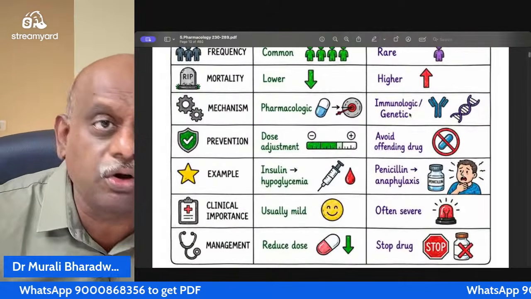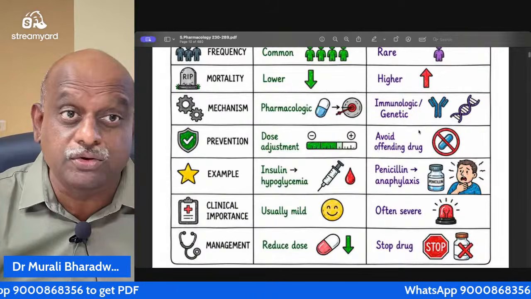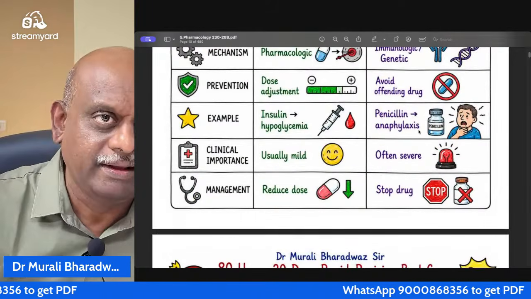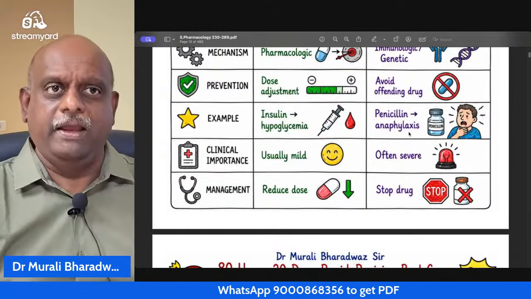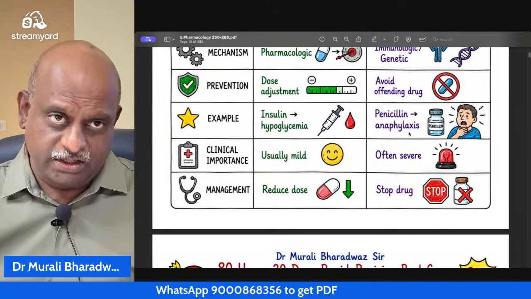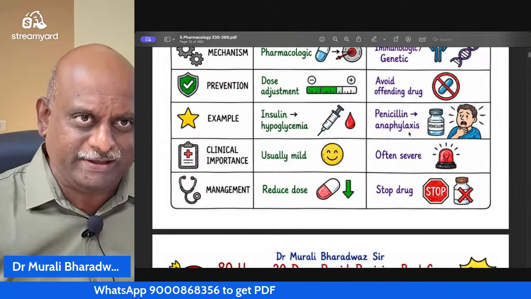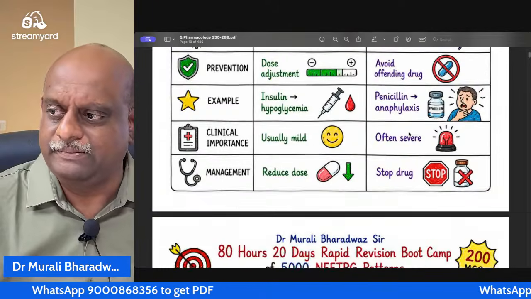They have an immunological and genetic basis. Anaphylaxis to penicillin is an example of type B, whereas insulin leading to hypoglycemia is expected. That is type A. Right?